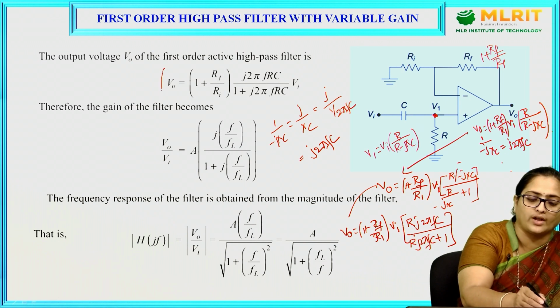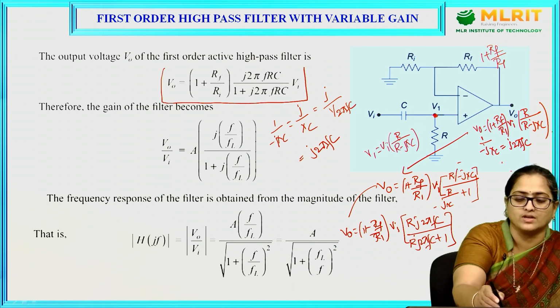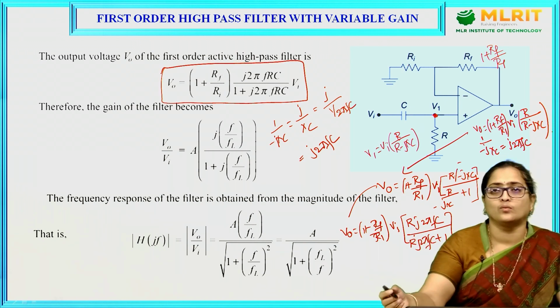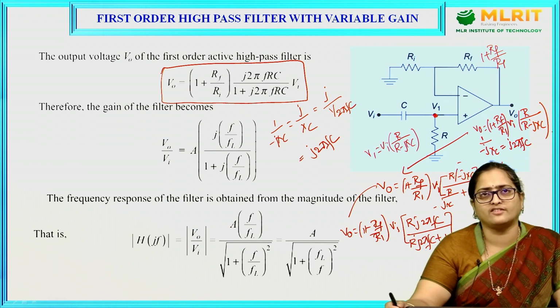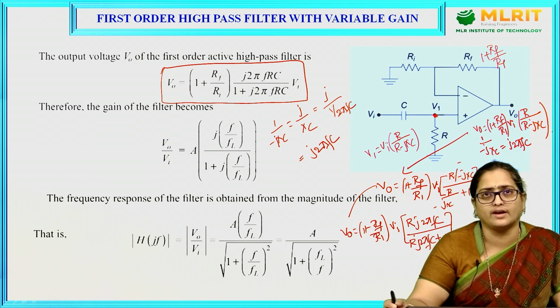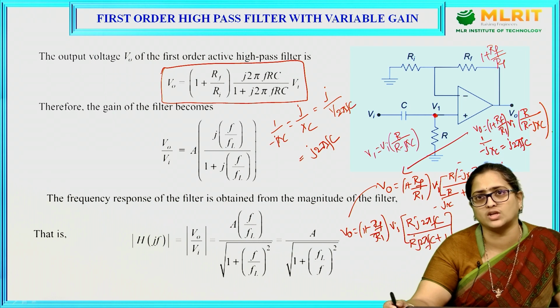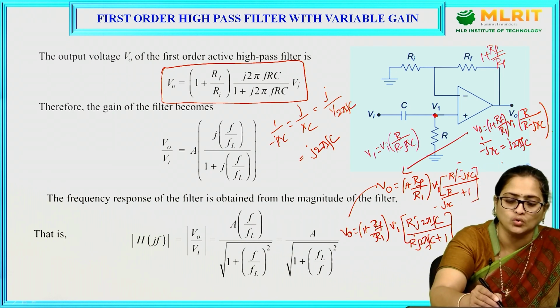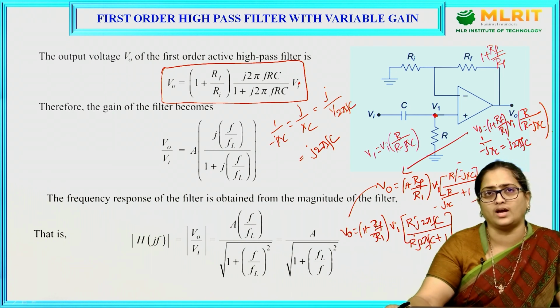The output voltage of a first order active high pass filter is given as V0 is equal to 1 plus Rf by R1 into j 2 pi f RC divided by 1 plus j 2 pi f RC, into the input voltage Vi.